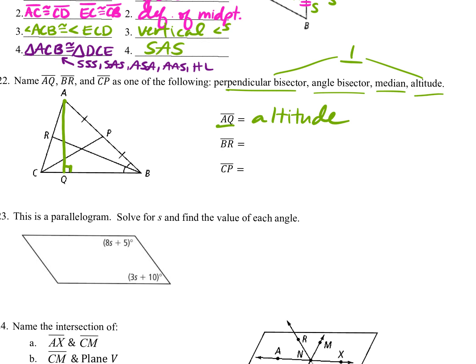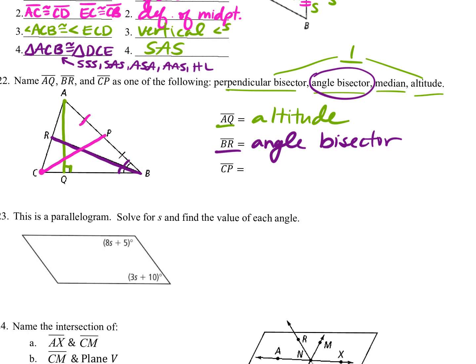Okay. Then we look at BR. BR is right here. And if you look at the markings, these angles are marked congruent. Congruent angles come because of an angle bisector. And then CP, notice that CP goes from a vertex, and then the markings show that it's a midpoint of the opposite side.